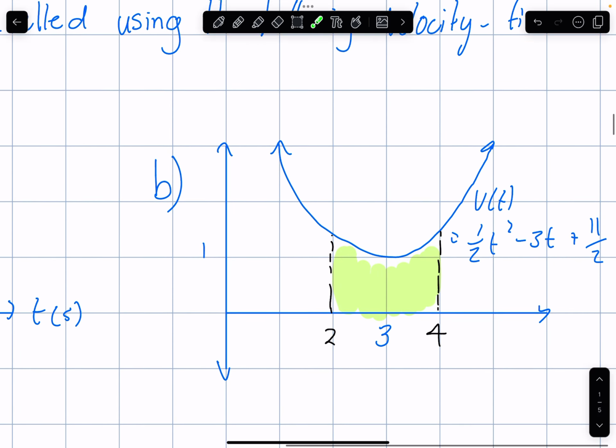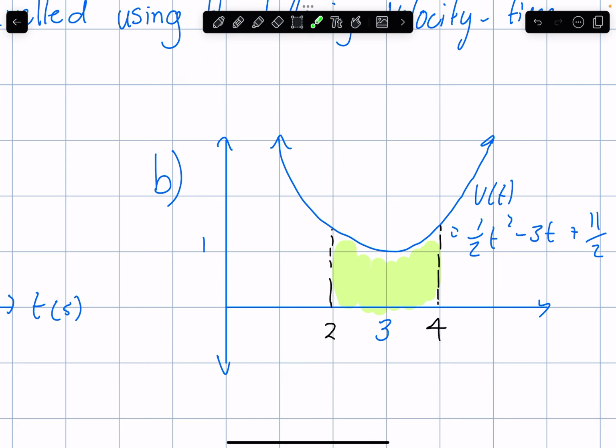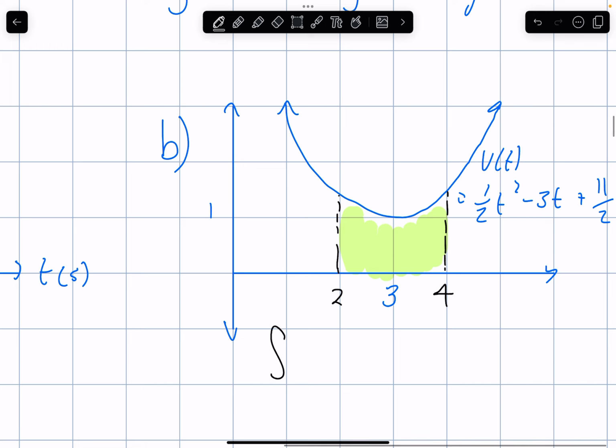Now, when we get something like this, it's a little bit different. I'm looking at my velocity function here, and I want to find the area between 2 and 4. Because it's not a nice simple shape, it's got that curve, we actually find the integral from 2 to 4 of my velocity function.